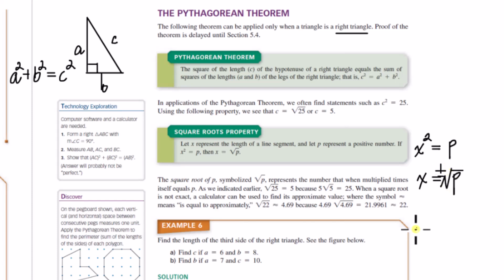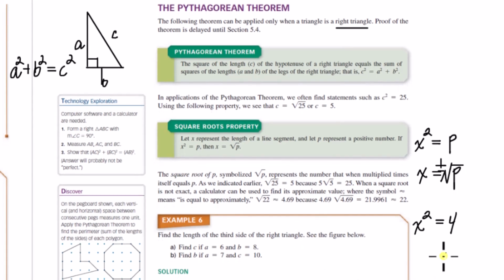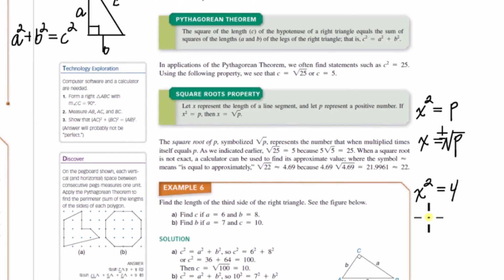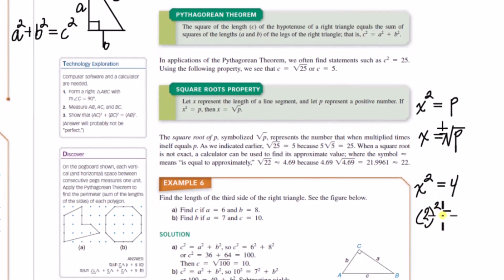Like if you had x squared is equal to 4. Well, if you're solving this in algebra, the question is what number, when you square it, do you get 4? Well, there's two numbers: 2 squared is 4, and minus 2 squared is 4.